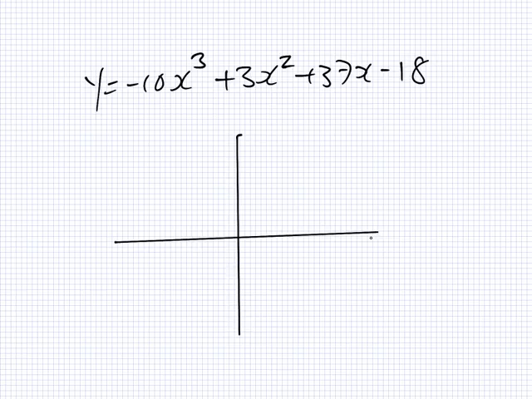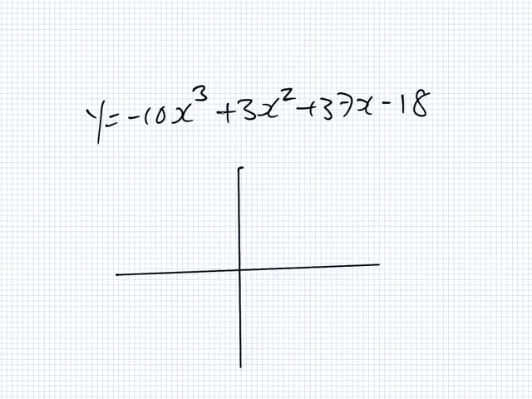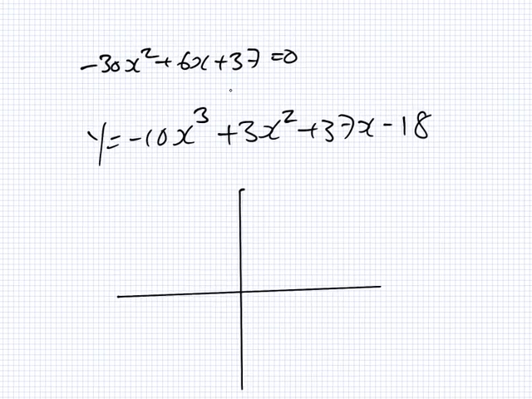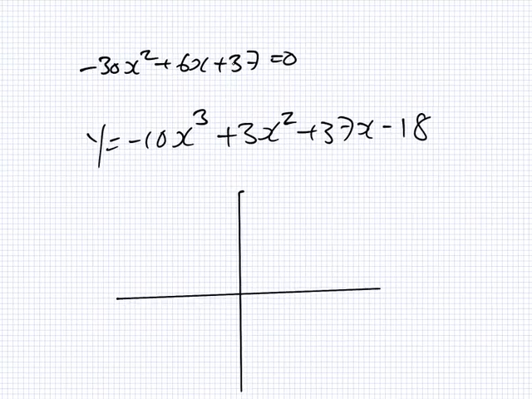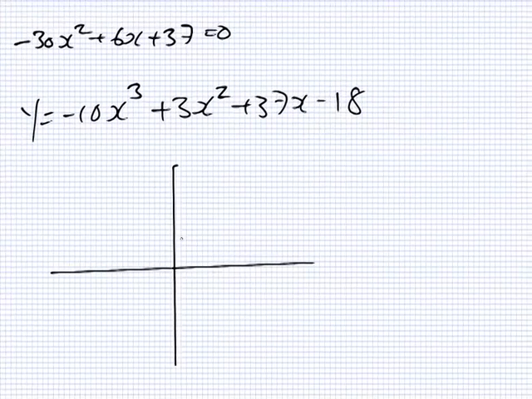That's only for quadratic. You can know by finding the turning points. Watch. Minus 30x squared plus 6x plus 37 equals 0. How did I get that minus 30? What did I do?